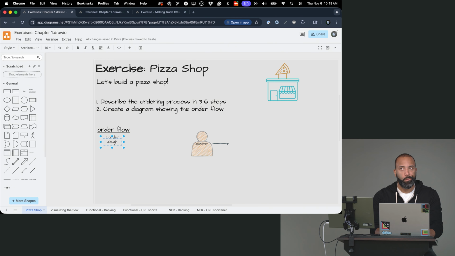Step three, take the pizza. Let's put the toppings on. Step four, I want to call that baking. And step five, we'll call that box the pizza.